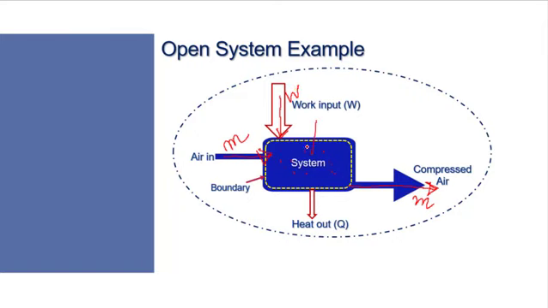This is called work input, and as a result of compression heat will be generated and may go out of the system, and that is heat transfer. So in this example, mass transfer, work transfer and heat transfer are possible. So this air compressor is a practical example of an open system.